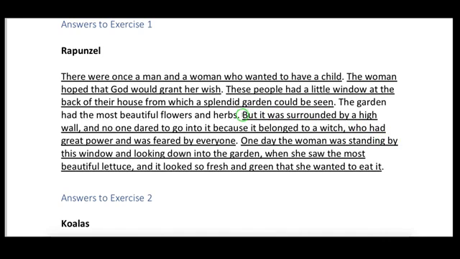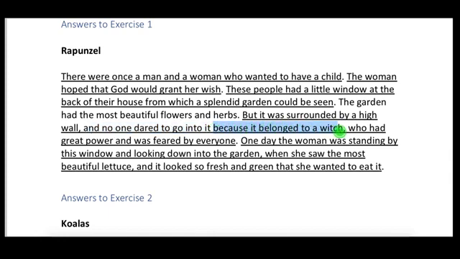And then over here, starting with but it was surrounded by, that is quite a long sentence. We have, it was surrounded by a high wall. That's an independent clause. And no one dared to go into it. That's another independent clause.